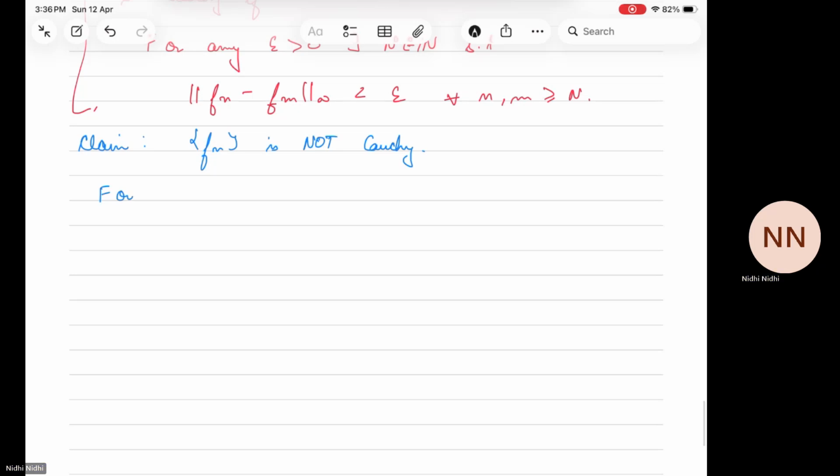For every n in the set of natural numbers, let xn be the point in the closed interval 0 to 1 such that Fn at xn is exactly equal to 1 by 2.